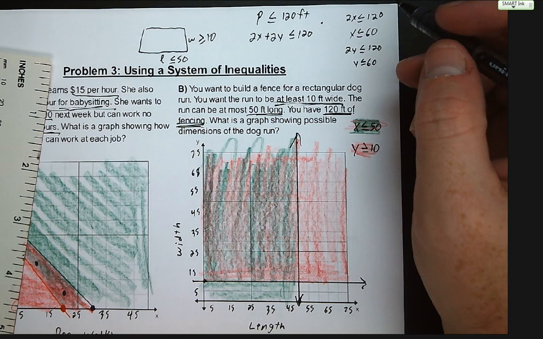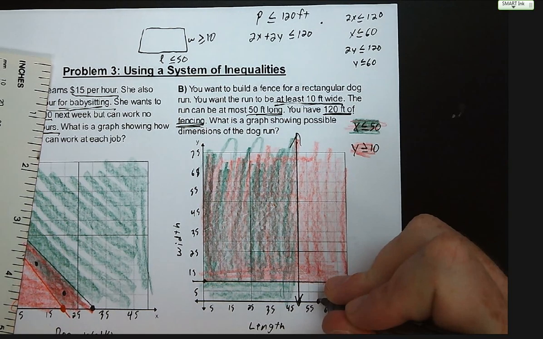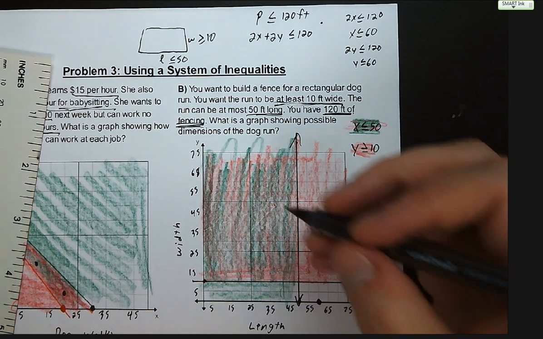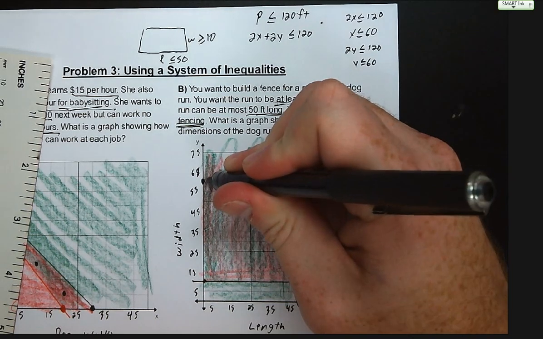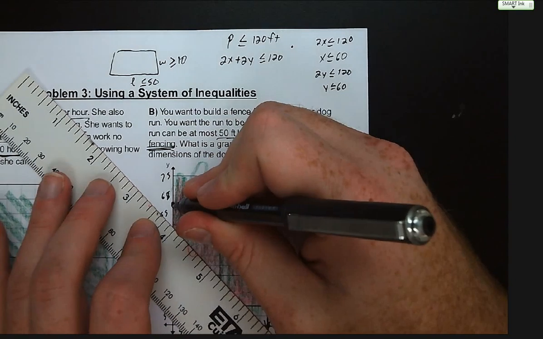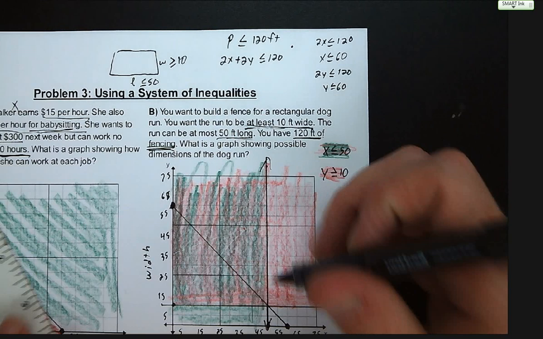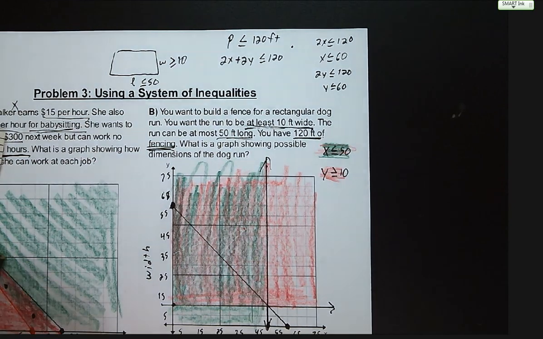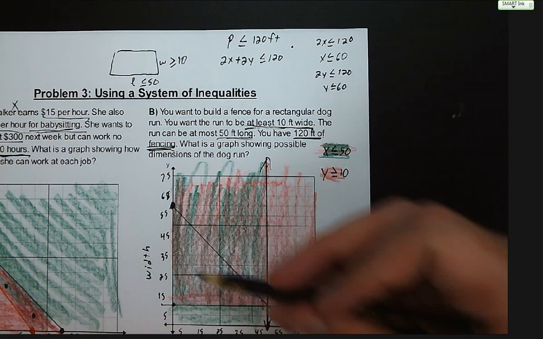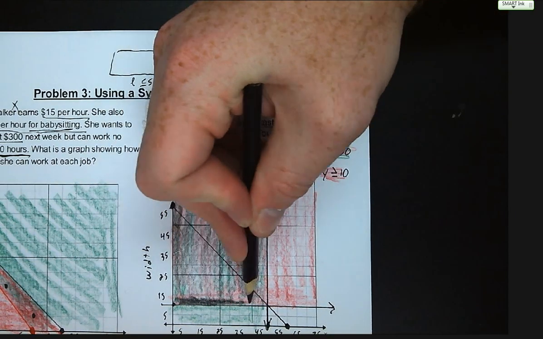So I have my points. I have one at 60, and I have one at 60, my two intercepts. Connect those dots. So this is a system of inequalities that has three equations in it. So the region that makes all three true is going to be this one that is shaded in black here.